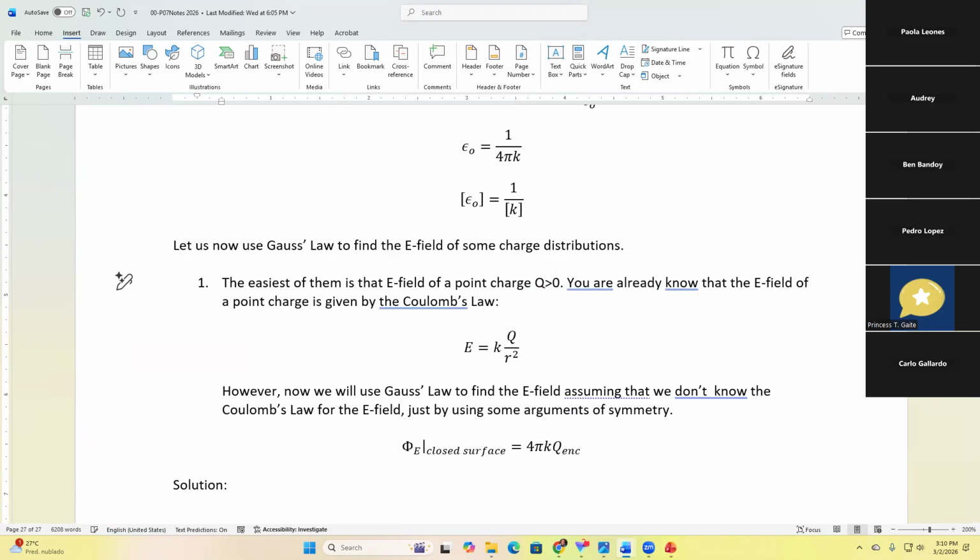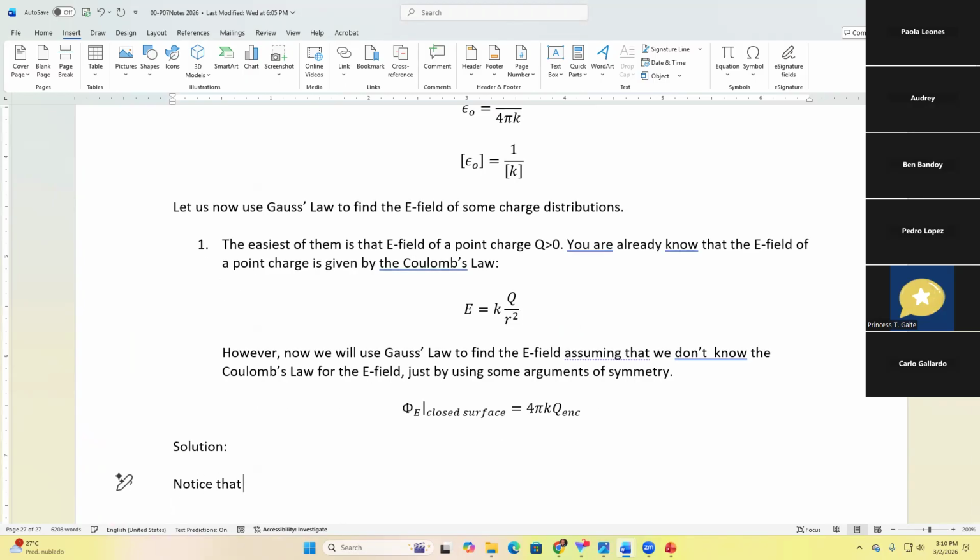Notice that we cannot use Coulomb's law to solve this problem, right? But we can use the following.